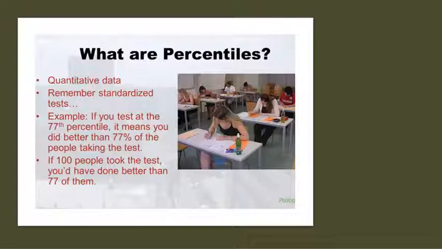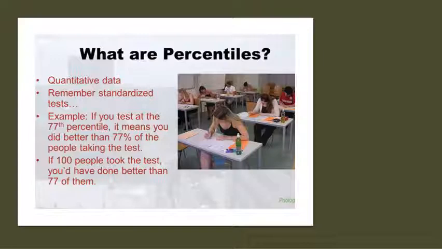That doesn't mean that 77% of the kids taking the test are better than you either. What it really means is that you did better than 77% of the people taking the test if you scored in the 77th percentile.